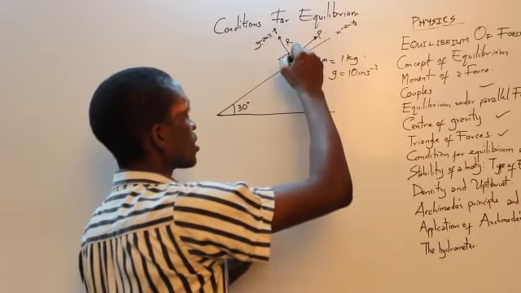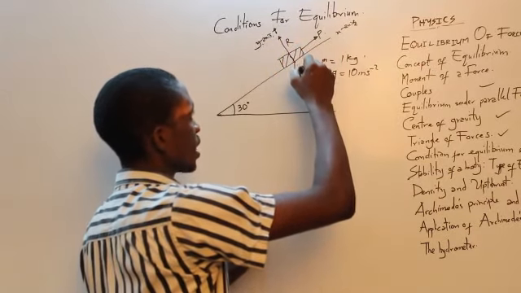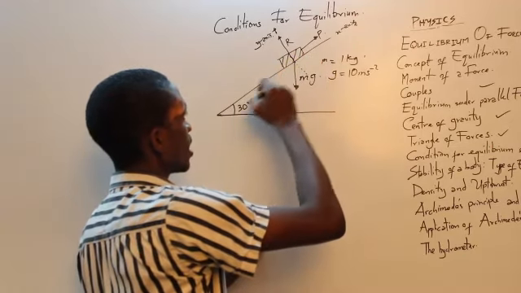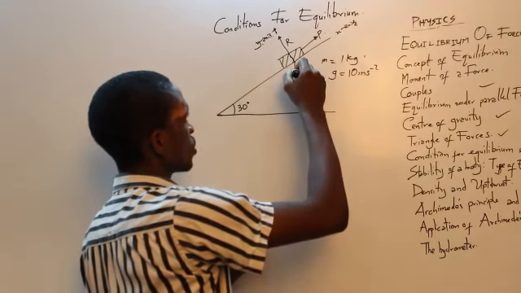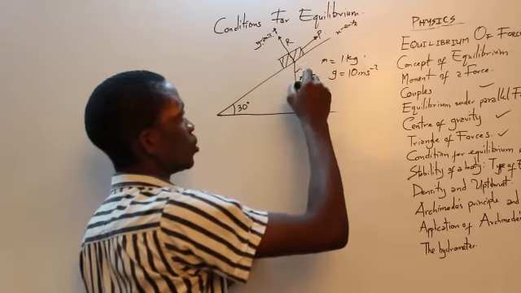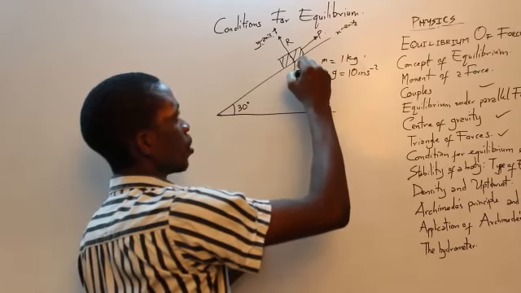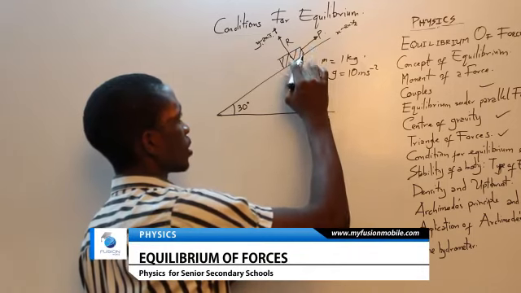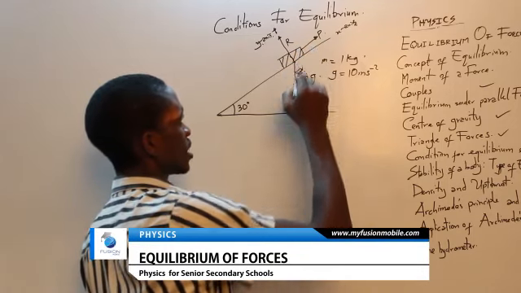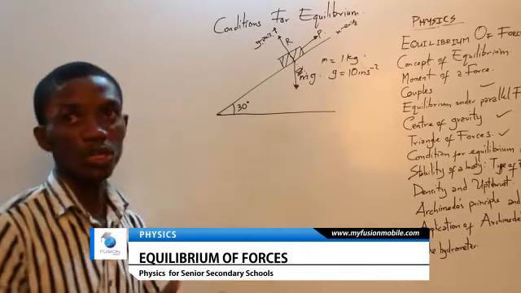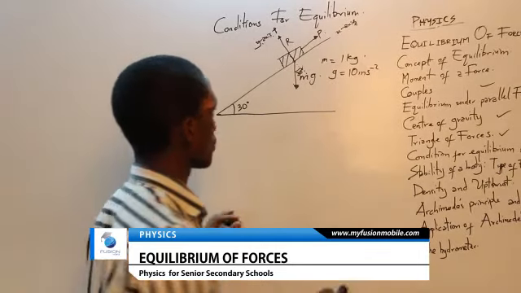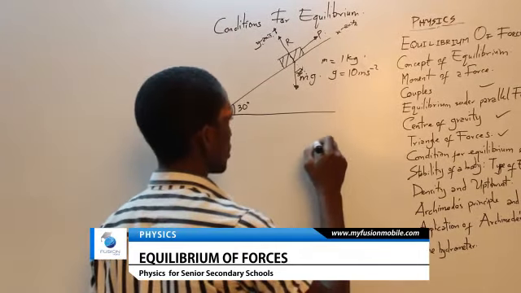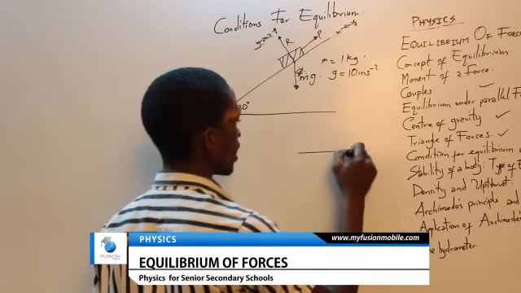If this is our y-axis, it means we should have something like this here, and the angle here will be equal to the angle here, using the principle of alternate angles from mathematics. So this place should be 30 degrees. When we redraw that, we would have something looking like this.